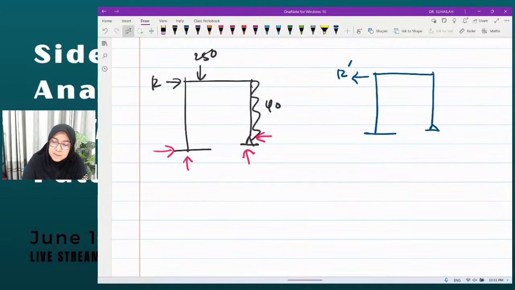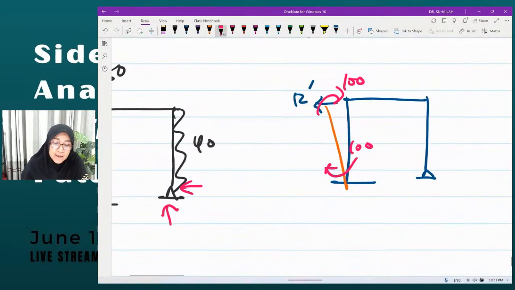So here we assume FEM as 100, and from 100 we get FEM for this as 216.